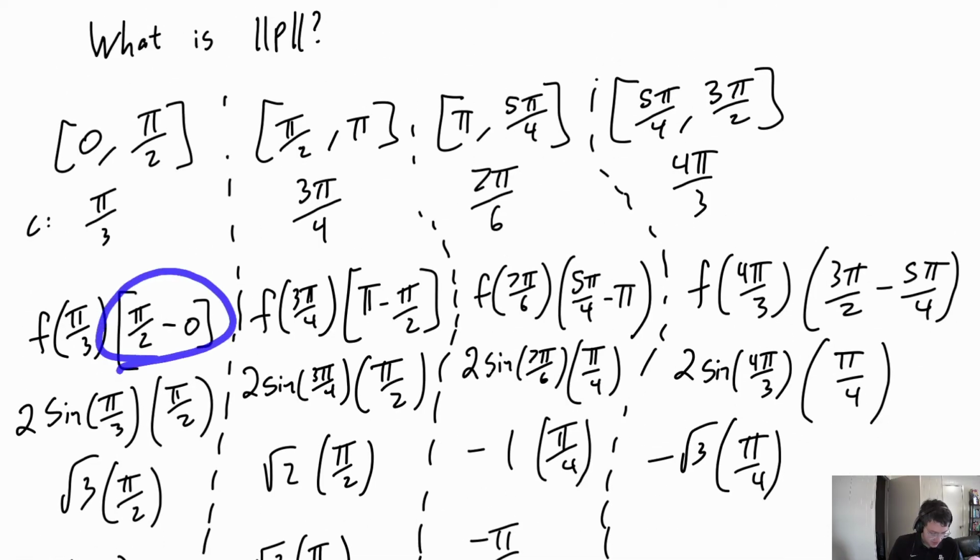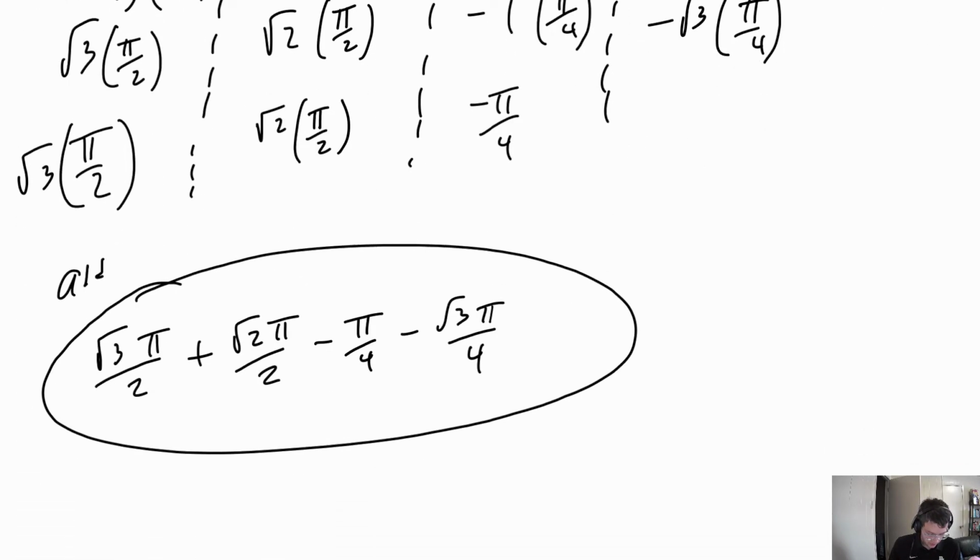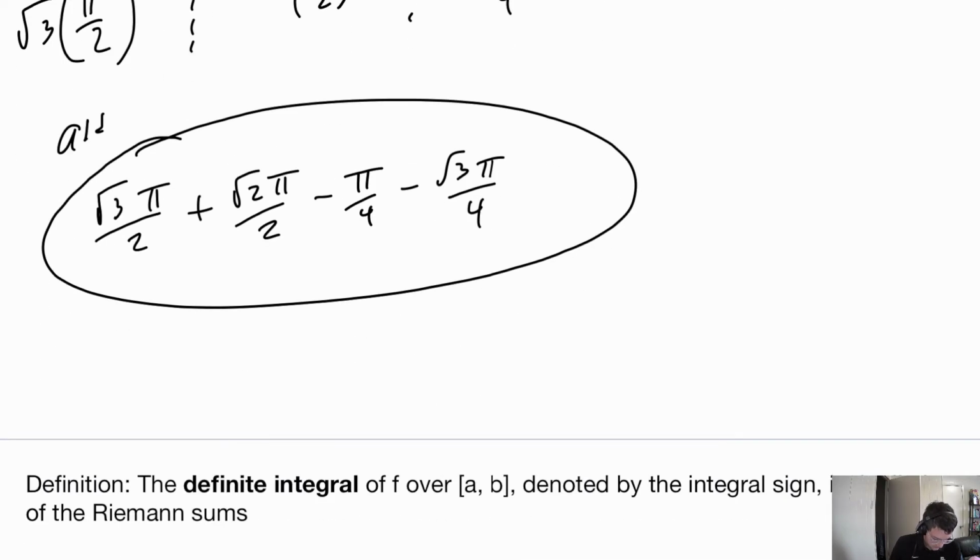This subinterval has a length of pi over 2. This subinterval has a length of pi over 2. This subinterval has a length of pi over 4. And this subinterval also has a length of pi over 4. So the norm of our partition is the largest of those lengths, which is pi over 2.